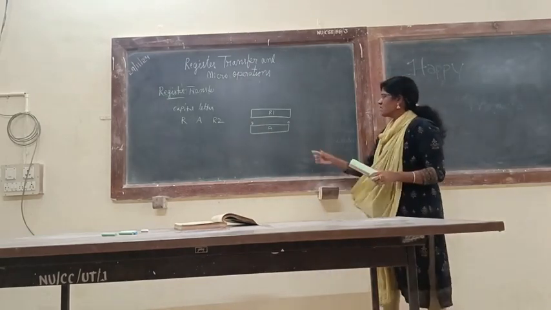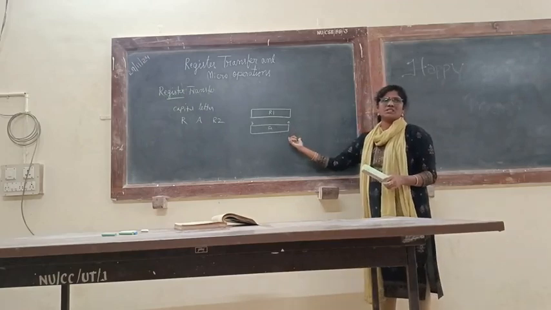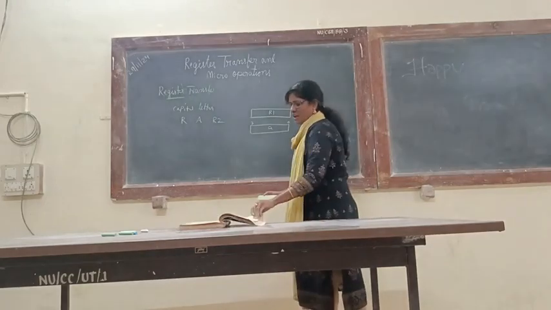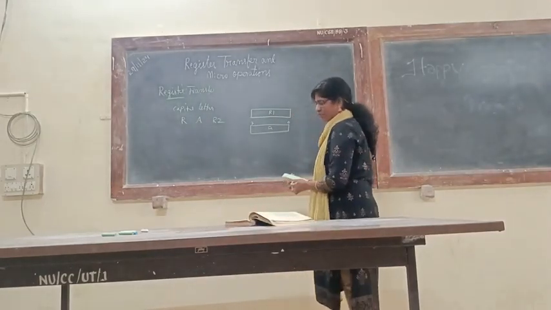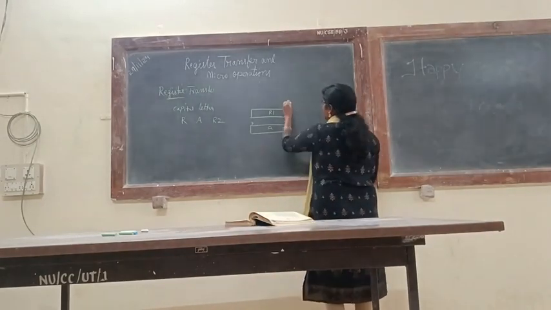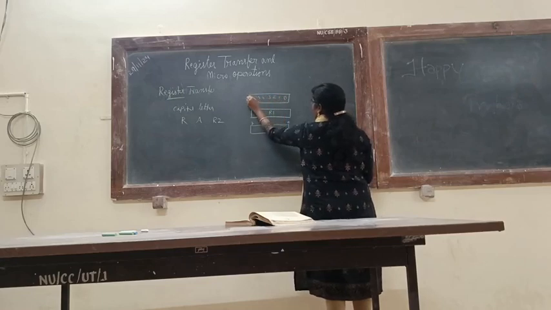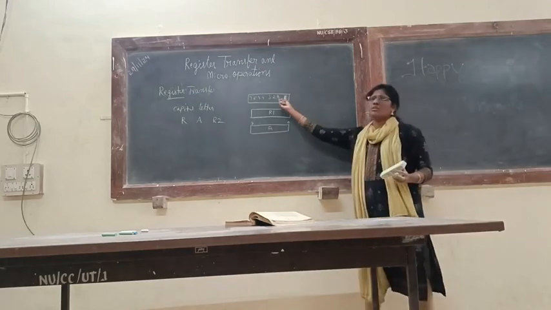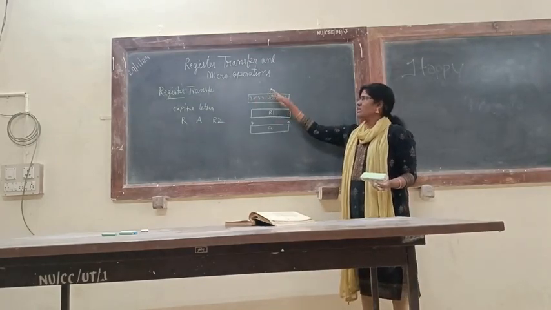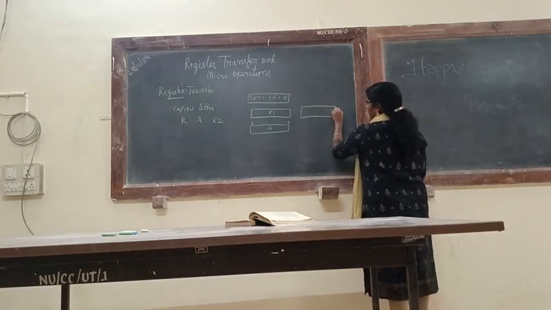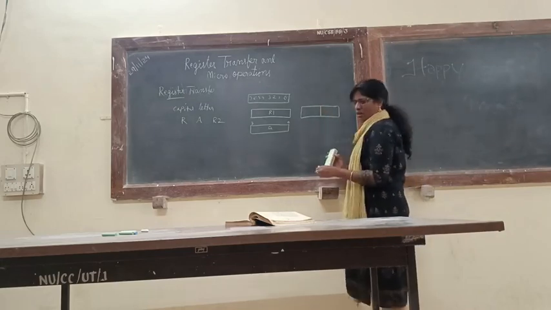This means this is register A with 8 bits. Sometimes the register symbols are represented like this, with individual bits in the register, which represent individual bits.